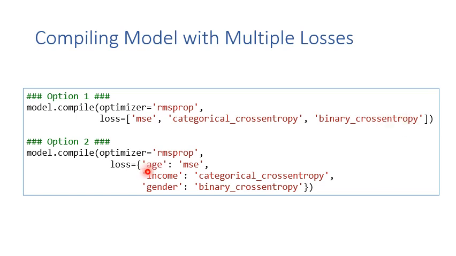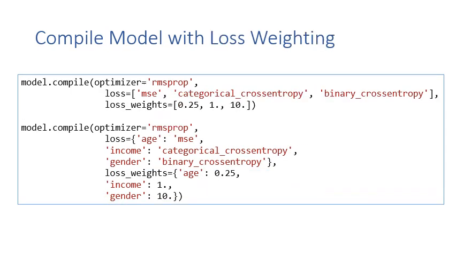Again, we can use a different approach and pass a dictionary to the compile function. Age: MSE, income: categorical cross entropy, which is more readable. In addition, we can assign weights to different loss functions, depending on which prediction is more important for you.